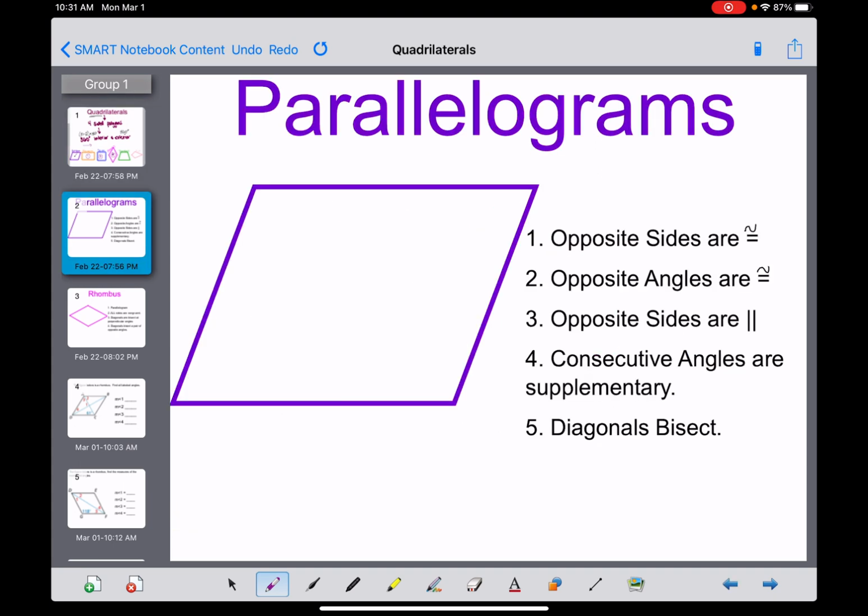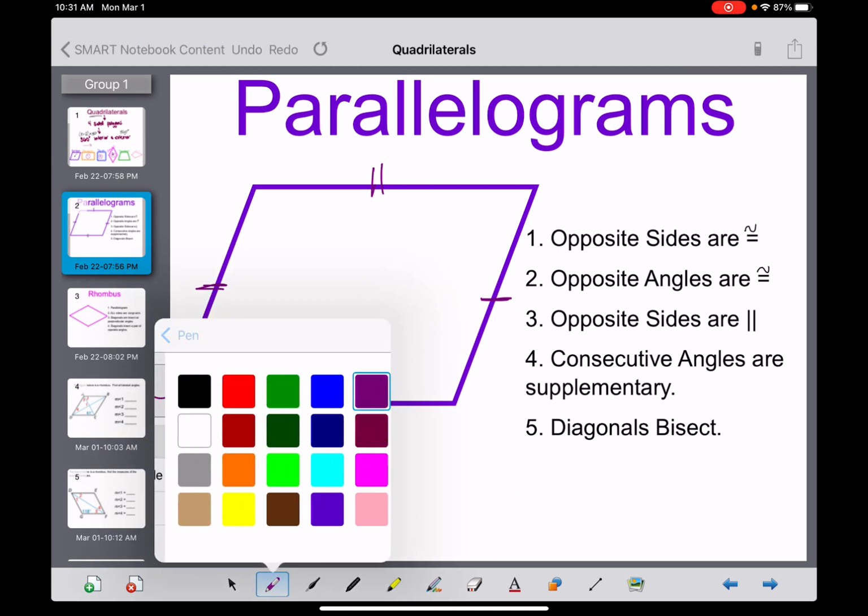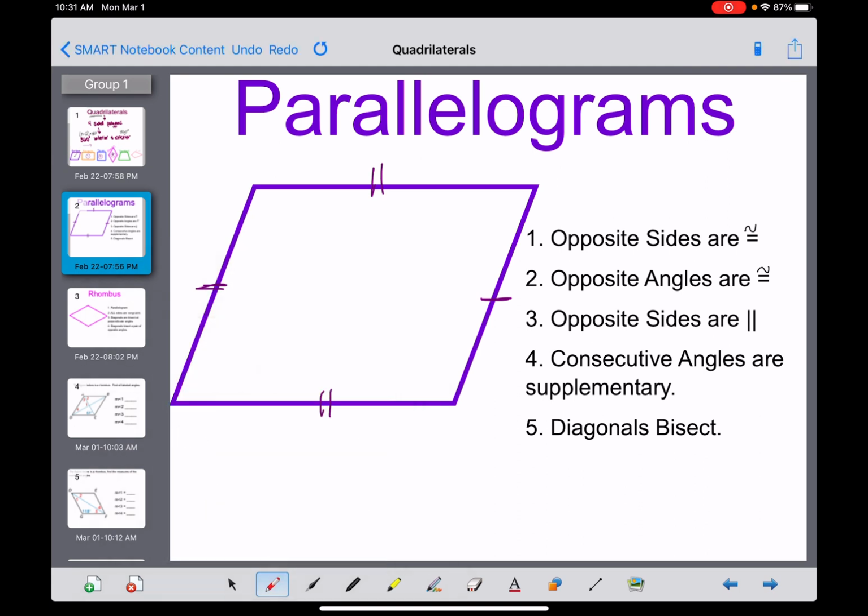As a review, parallelograms, because it's going to be important to today's lessons. Opposite sides are congruent to one another. Opposite sides are also parallel to one another.